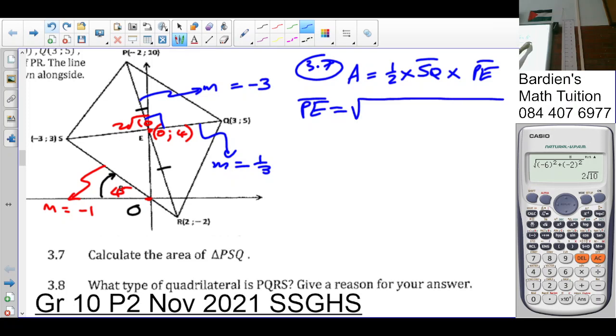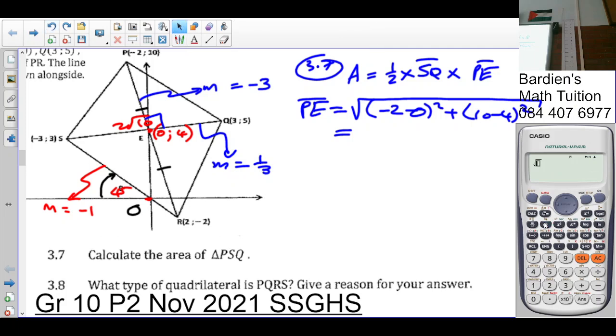So let's work out the length of PE. Distance formula. I don't need to write down the formula again. So PE will be the square root of negative 2 minus 0 squared plus 10 minus 4 squared. That gives you 2 root 10. Okay?